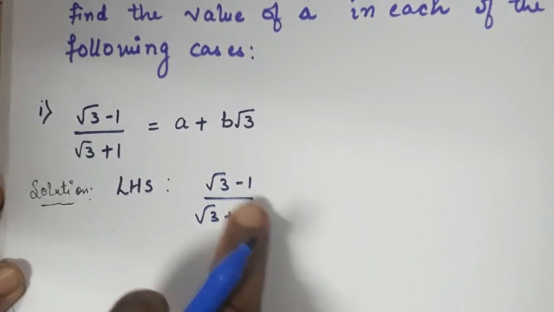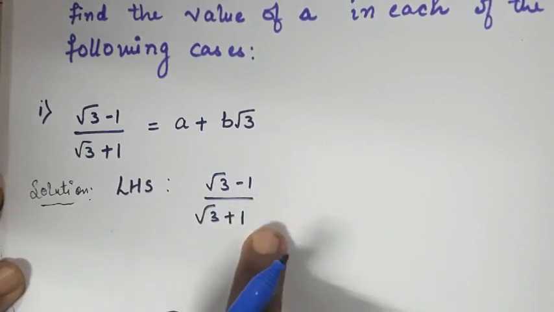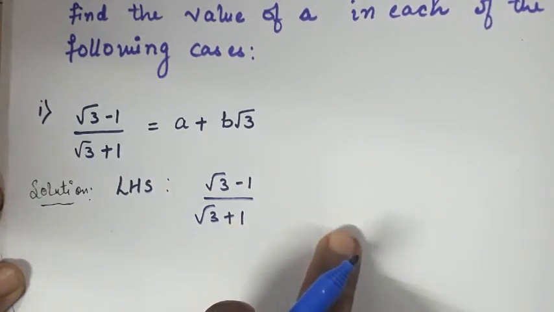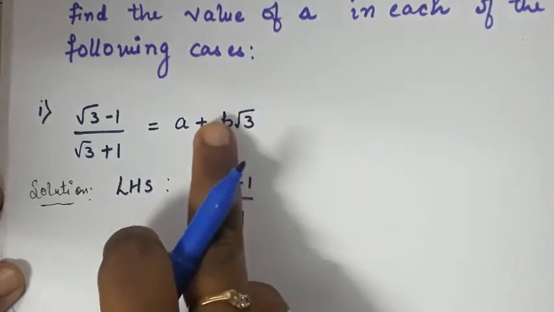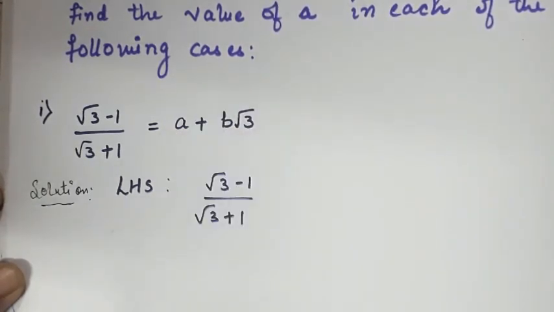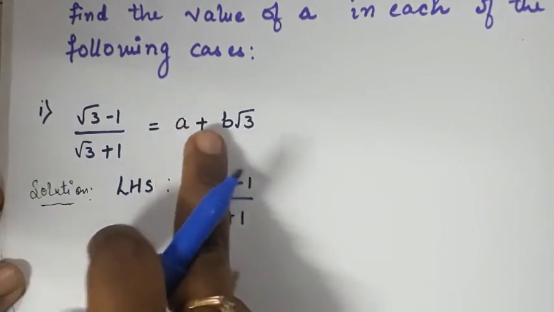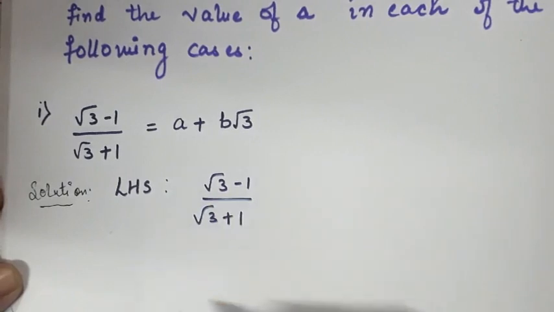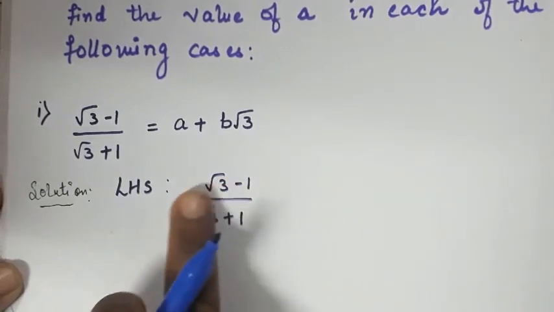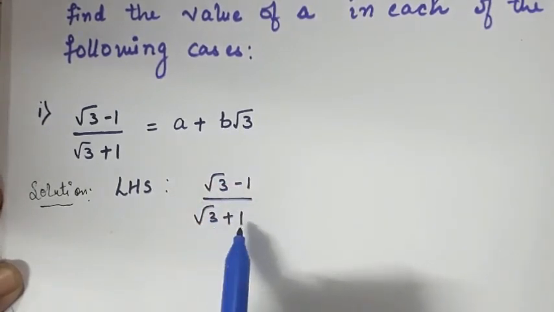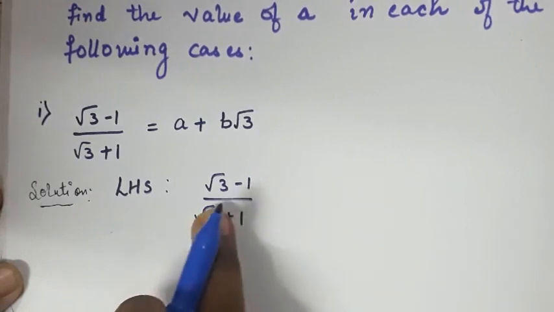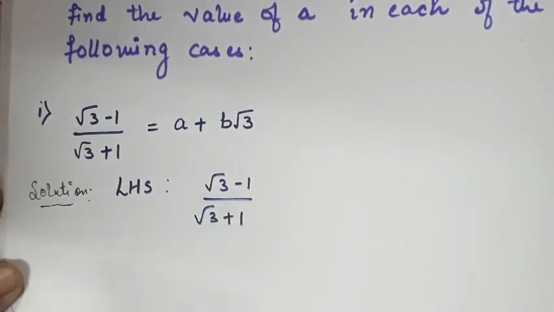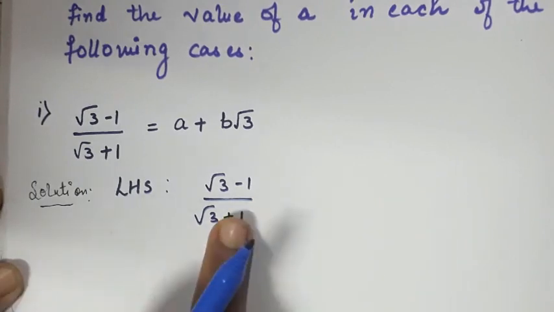Rationalize the denominator so that we can get this term in its simplified form, and afterwards we can equate that with what is already given. So for rationalizing we know that we need to multiply the denominator with its rationalizing factor.